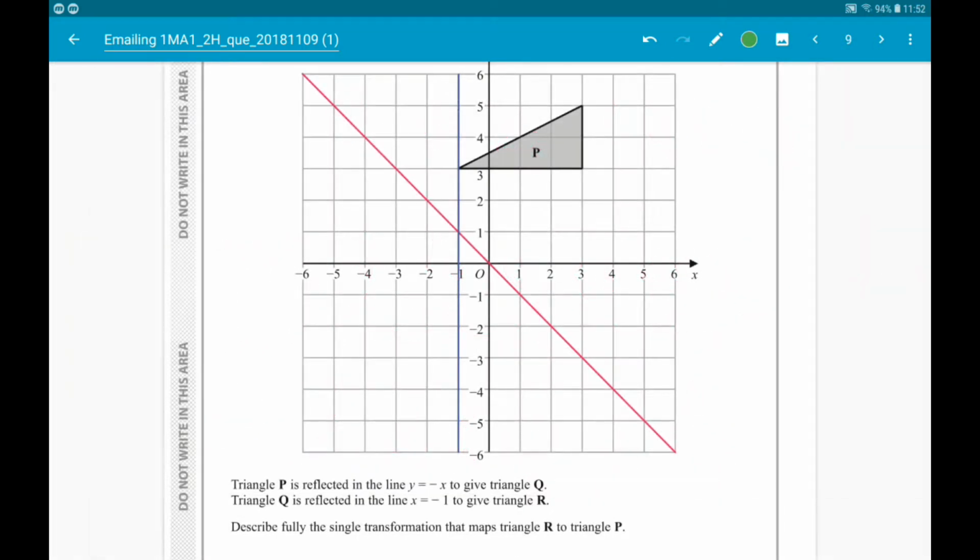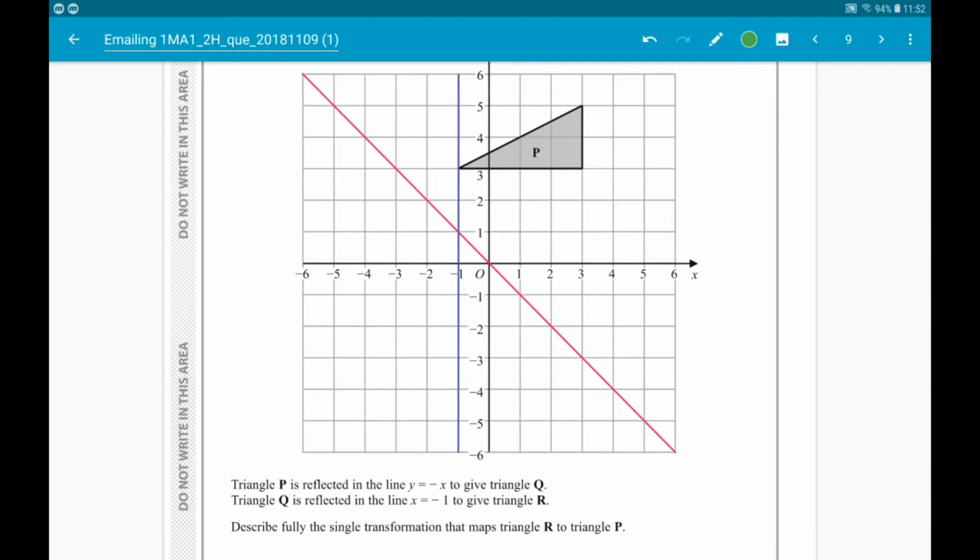Okay, number 8, we have some transformations fun. So triangle P is reflected in the line y equals minus x to give triangle Q. Triangle Q is reflected in the line x equals minus 1 to give triangle R. We want to describe fully the single transformation that maps triangle R onto triangle P. Okay, so I've drawn in the two lines.